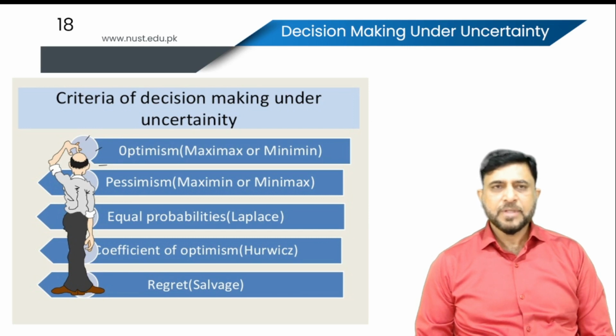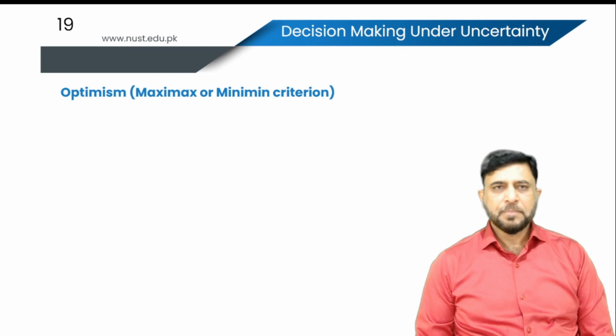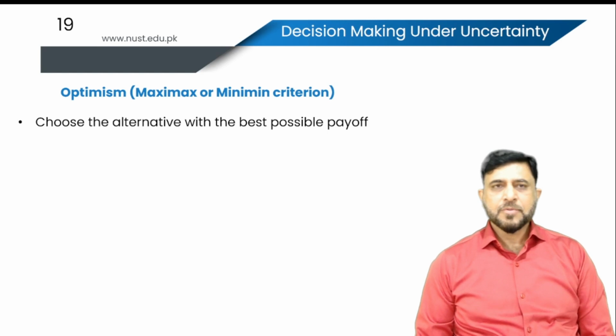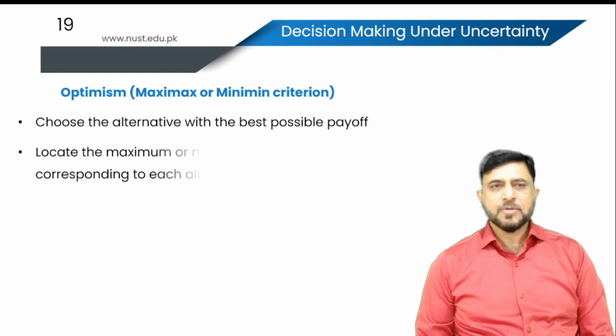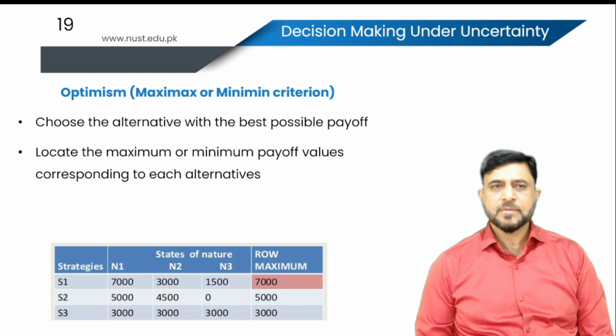How can we do that? Okay, let's do it. First of all, optimism criteria means maximax or minimin criteria. Choose the alternative with the best possible payoff. First of all, locate the maximum or minimum payoff values corresponding to each alternative.